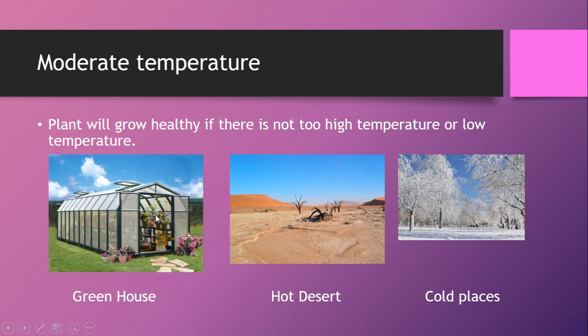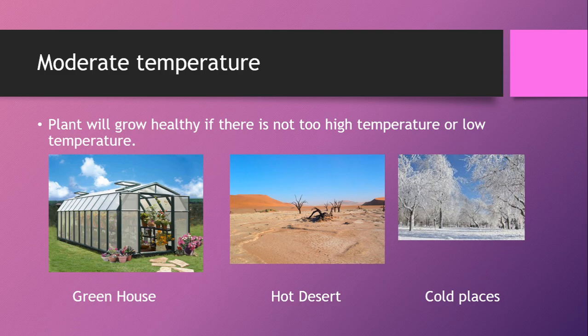So the plants get the sunlight through this glass, and the temperature inside they keep very normal, not very high, not very low. So in these hot areas or cold areas, we need these greenhouses for the plants, to grow vegetables, fruits, and flowers.